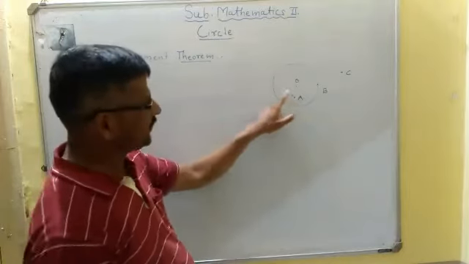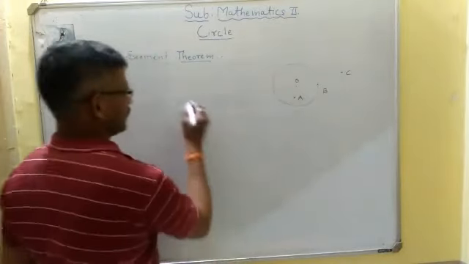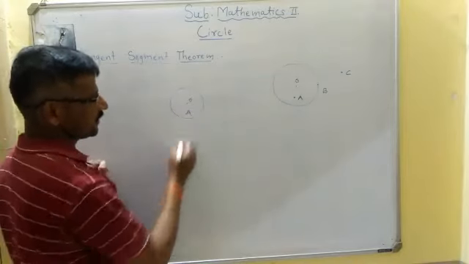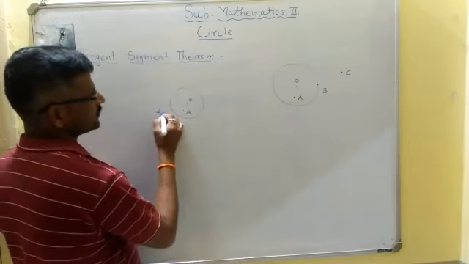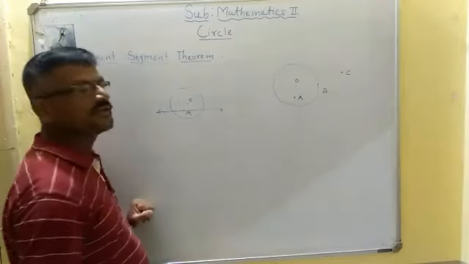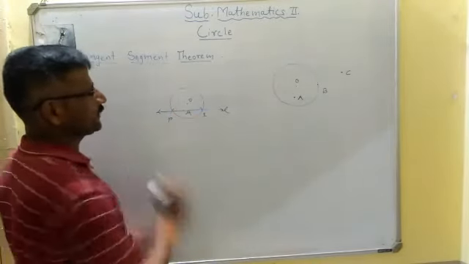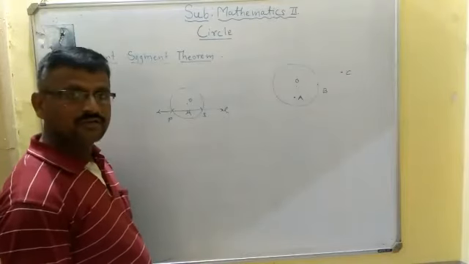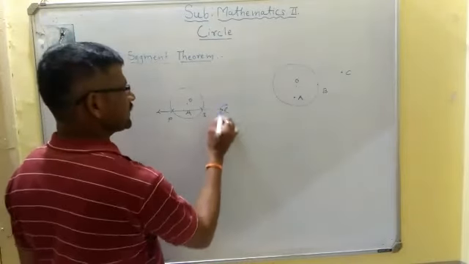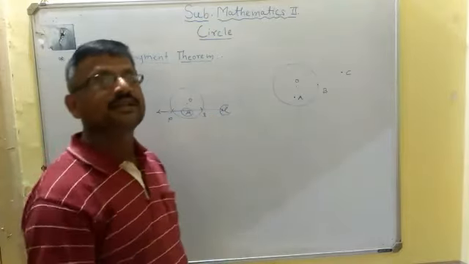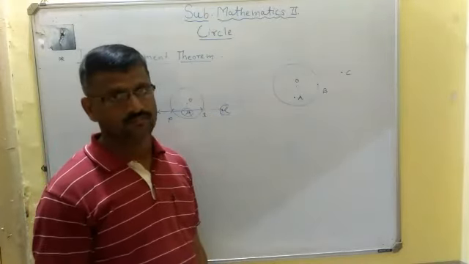Okay, the point is in the interior of the circle. If we take the point A in the interior of the circle and try to construct a line passing through it, that line intersects the circle in two distinct points. Hence, we conclude that there is no tangent passing through a point which lies in the interior of the circle.